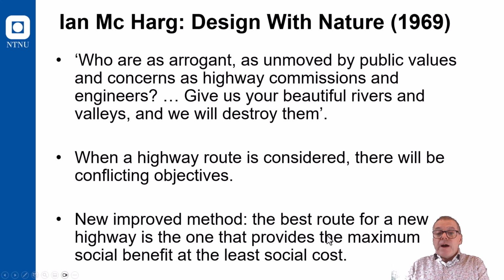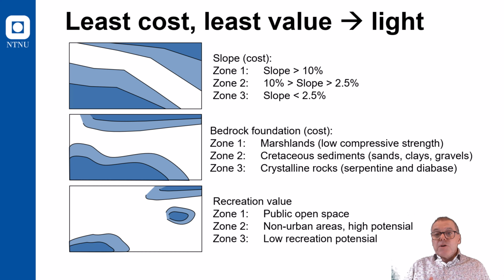Only then can you find the best route for a new highway, because that would be the one that provides the maximum social benefits at the least social cost. So one needs to have layers of what promote the social benefit and also layers that display the social cost.